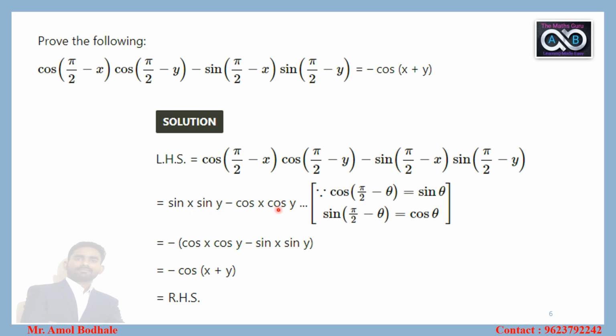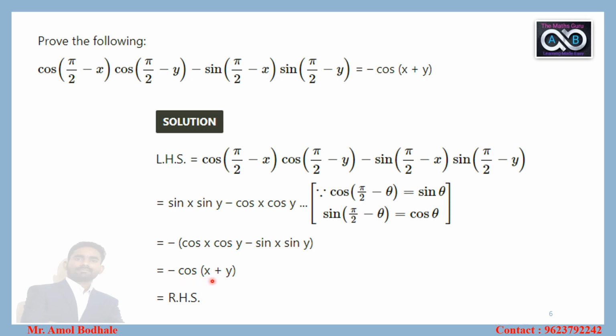Now if I take the negative symbol common from both terms, what do I get? Minus, in brackets, cos x cos y minus sin x sin y. Why have we taken minus common? Because if we take the negative common, then the expression remaining in the bracket is exactly the expansion of cos of x plus y.